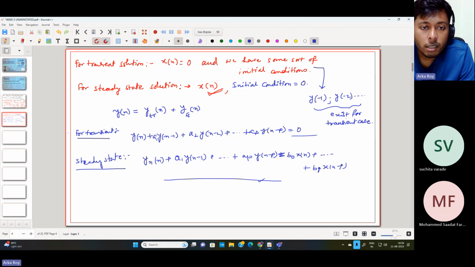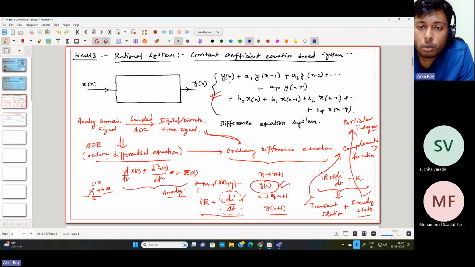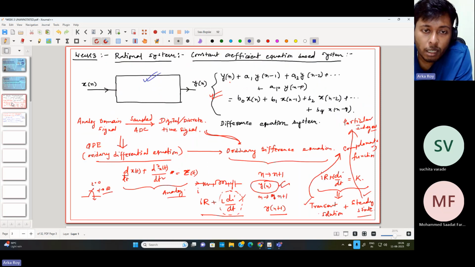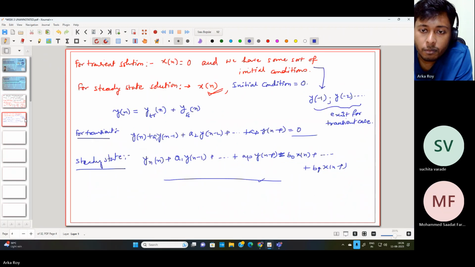Now the thing is that we are not able to say what will be inside this black box. So now we are in a position to comment on what is basically inside this particular box.